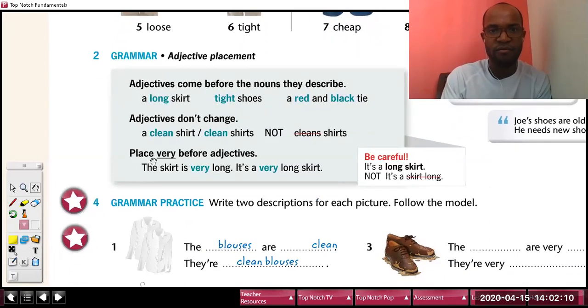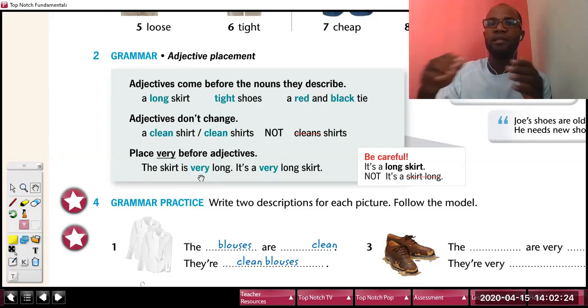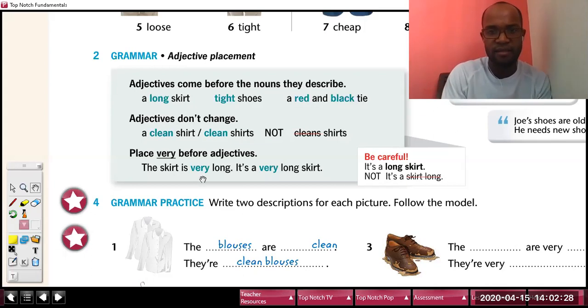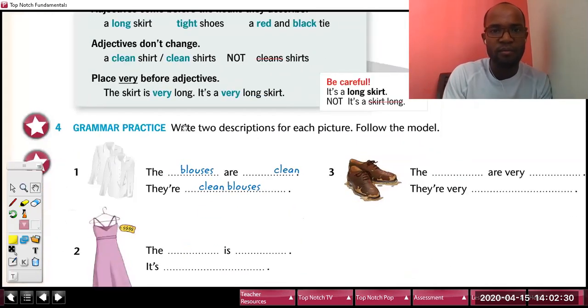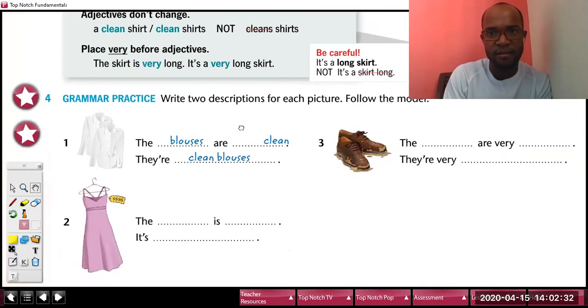About the use of very, you are going to place very before the adjectives, right? So the adjective is long, so very should be before. The skirt is very long, is very loose, is very tight, okay? Very, and then the adjectives. So you have to complete this exercise, right?